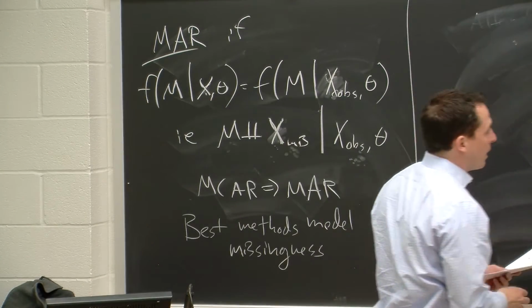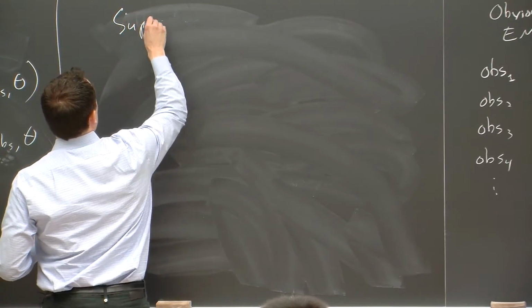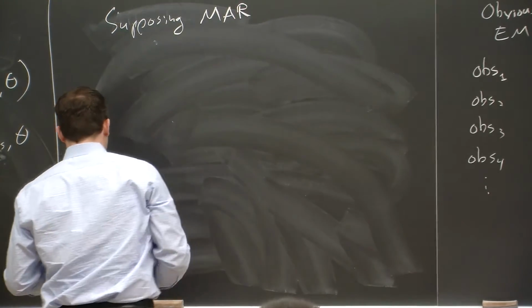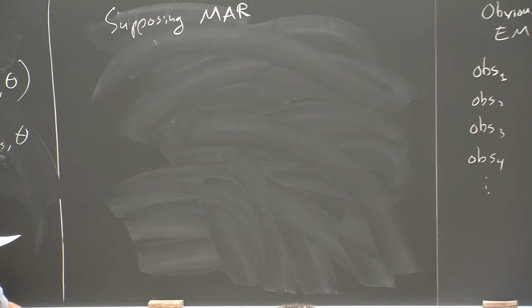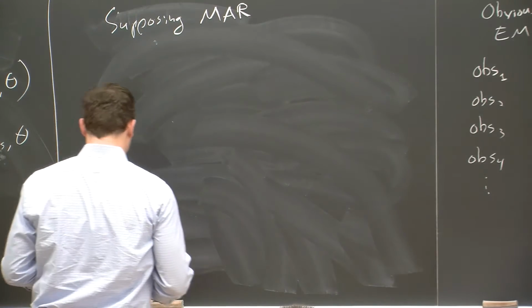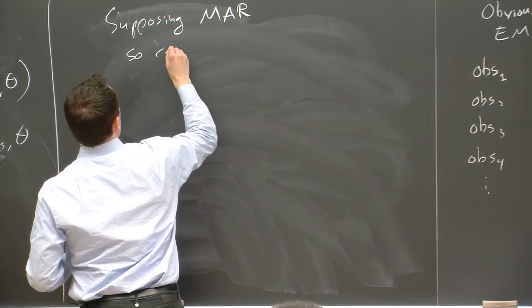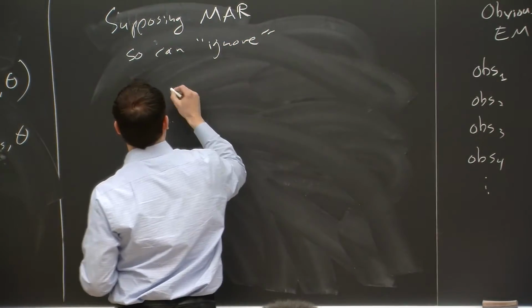Okay, so supposing that the data are missing at random, let's think about how EM works. So we've succeeded in at least this conditional independence. That says in some sense that we can ignore the missing data, ignore it in the sense that it's safe to marginalize over it.